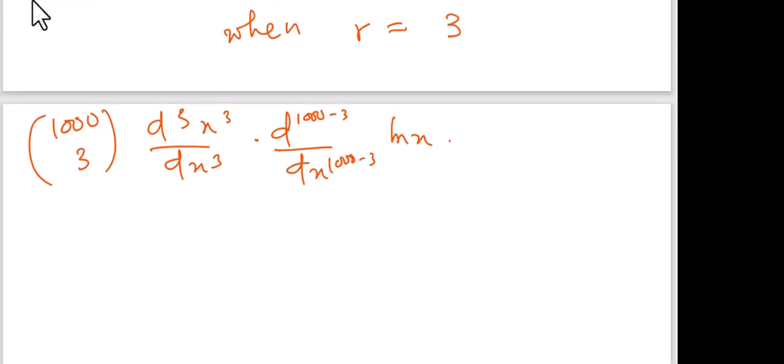And so with this 1000 combination and everything, differentiating this one 3 times gives you 6.